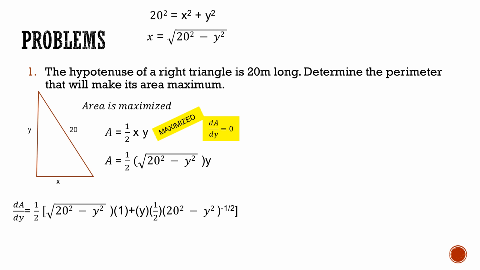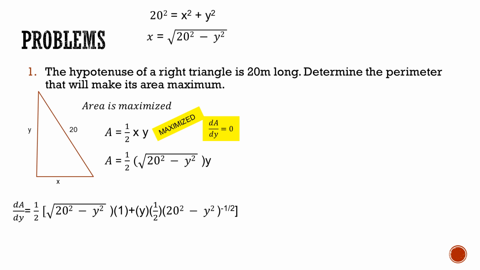Okay, so on the left-hand side of the equation, we have dA over dy, and then constant times product rule. So the constant, we leave the constant 1/2. And then the formula for product rule is u dv plus v du. So u is square root of 20 squared minus y squared.